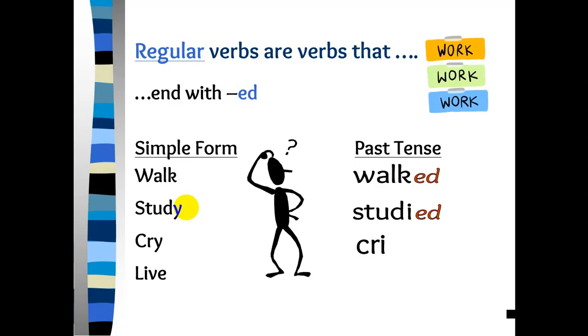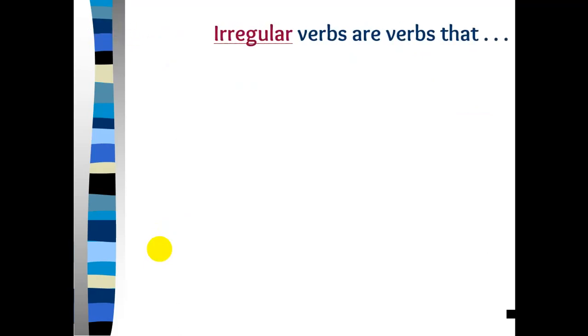The same happens with cry, cried, change the Y to I plus ed, and the last one, lived. If we have a verb that ends with letter E, we have to take out the letter E and add ed, just. Okay? Then we can continue with the irregular verbs.